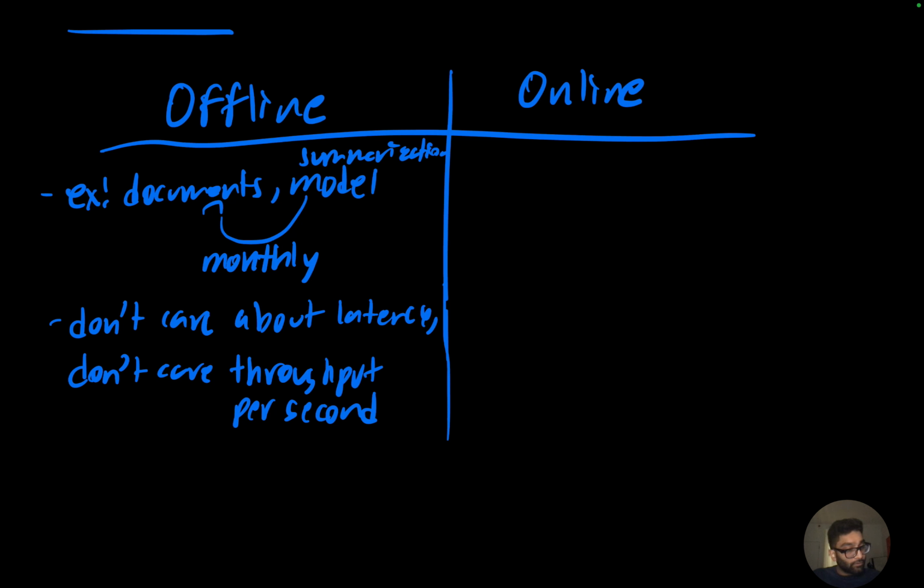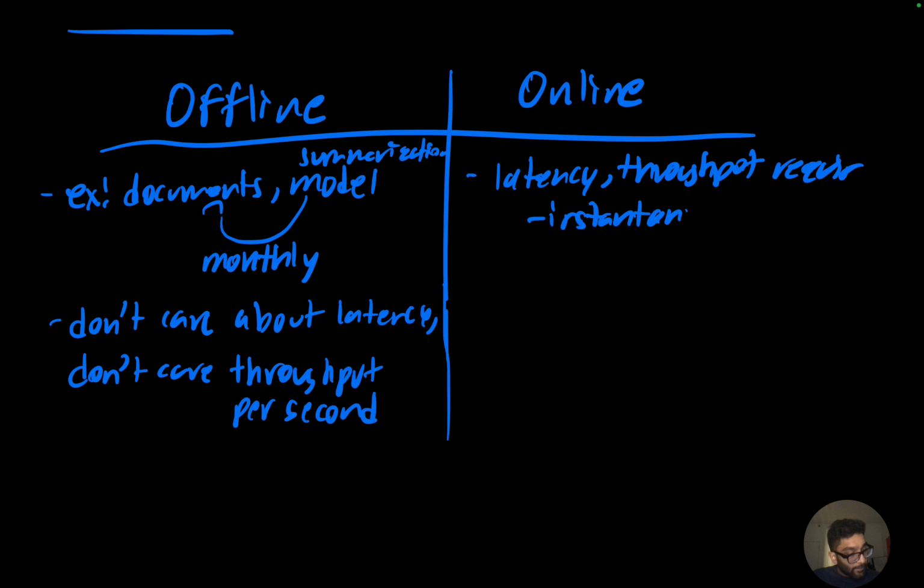Online is, let's say you do care about those things, where you have latency and throughput requirements, where you need, I like to use the word instantaneous, response to a request for your model. You need a response very quickly, and you need that model to essentially be accessible whenever you do have a request.